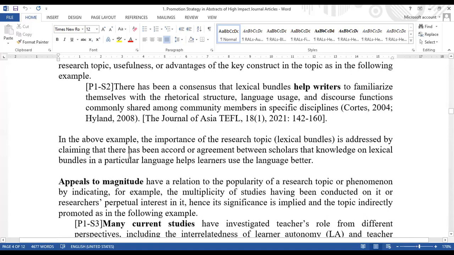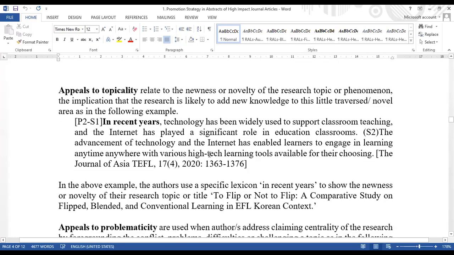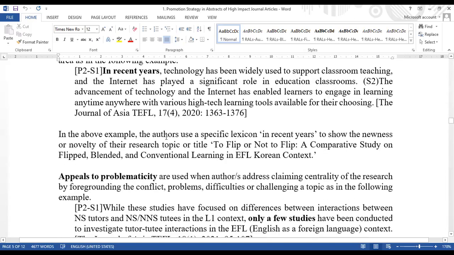Appeals to magnitude: many current studies. So this is magnitude, popular, because the author mentioned many current studies. There are many studies, therefore it is popular. Now, this is topicality: in recent years, technology has been widely used. So this refers to the newness, in recent years.